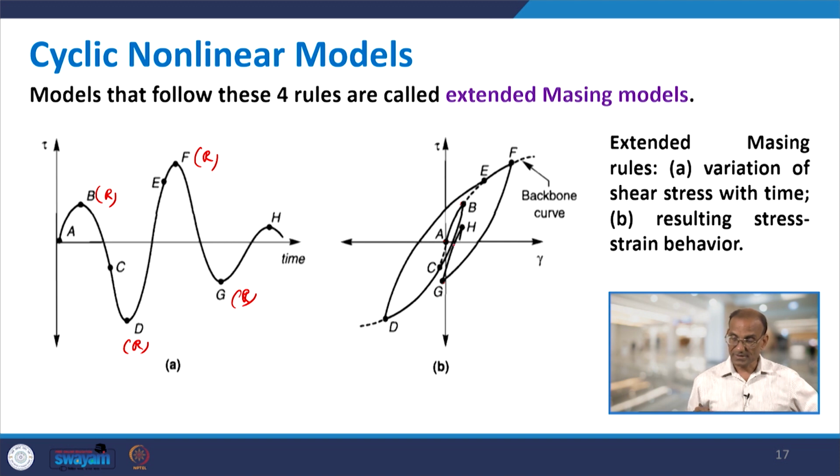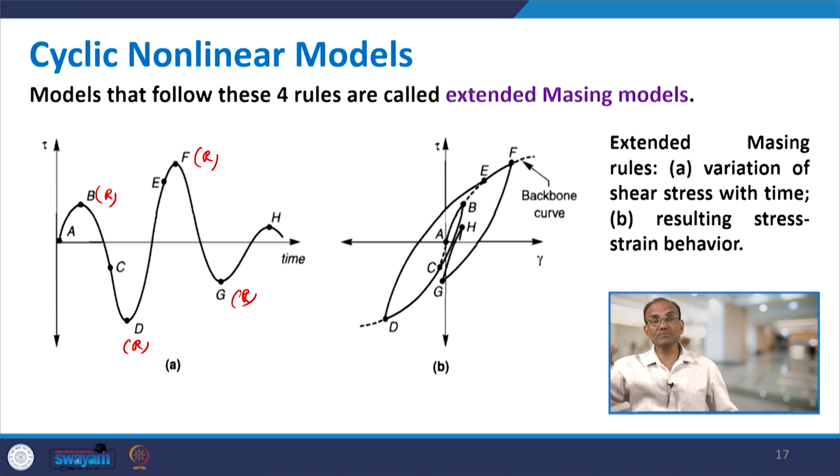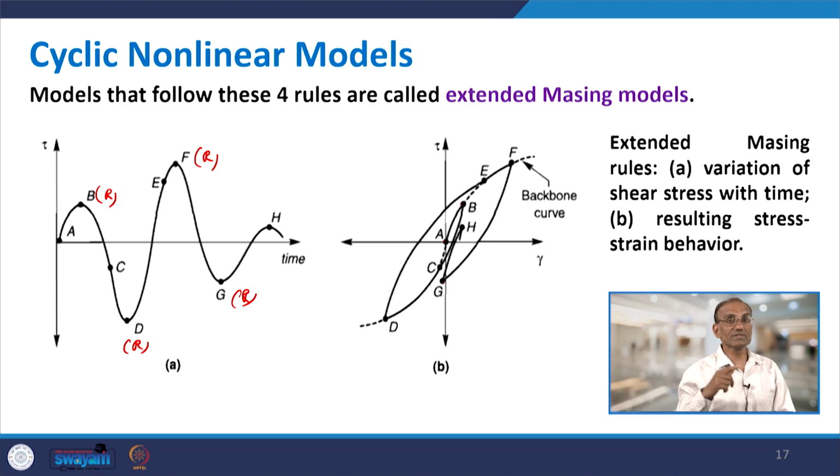So, wherever you get a stress reversal point, you need to keep changing the path of this stress strain loop. The path will change due to two reasons. Number one, there is a stress reversal. Even without stress reversal, there will be a change if you intersect the backbone curve of any of the previous cycles.